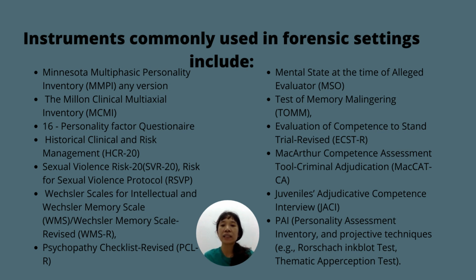Examples of projective techniques are the Rorschach inkblot test and the Thematic Apperception Test. Then the Psychopathy Checklist-Revised, or PCL-R, is the most frequently used tool in violence risk assessment, and is also common in sex offender risk assessment, civil commitments, aid in sentencing, and insanity evaluations.